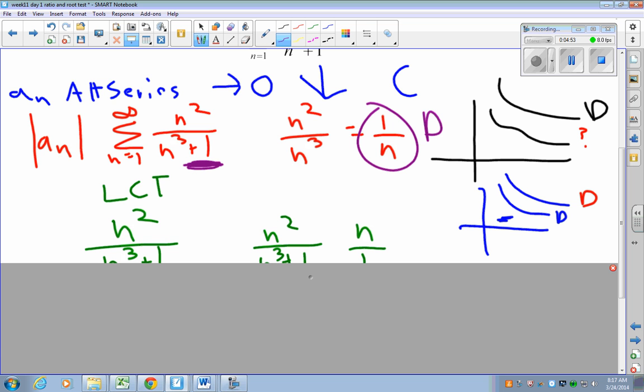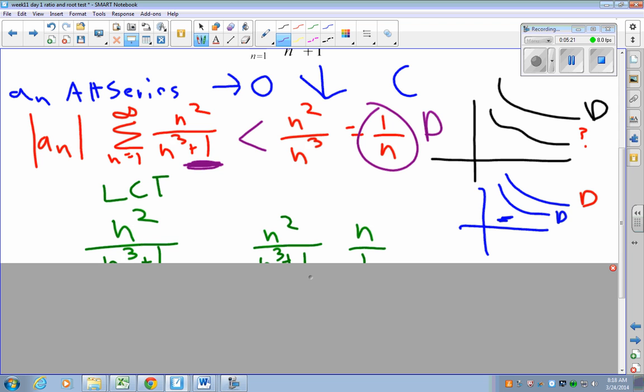Does that make the bottom bigger or smaller versus this bottom? It makes the bottom smaller, which makes this, is that correct? I made the bottom smaller on the right side. So if it's smaller on the right side, then I'm dividing by a smaller number, which means the thing's bigger.